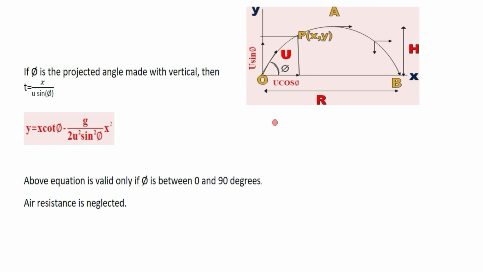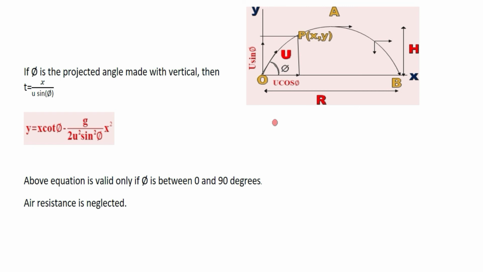Now if we come to our present case, this projectile is moving in a medium which is nothing but the air medium, and it is moving with some velocity, so the air will oppose the motion of this projectile. This opposition we call air resistance. Since we didn't take air resistance into consideration, we took the horizontal component of velocity as constant.